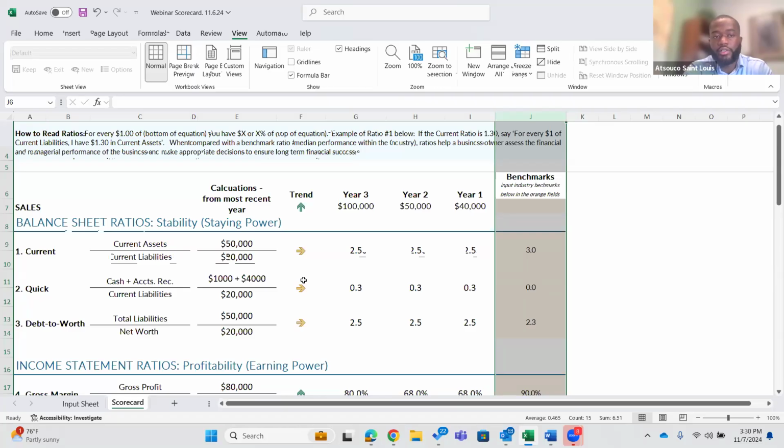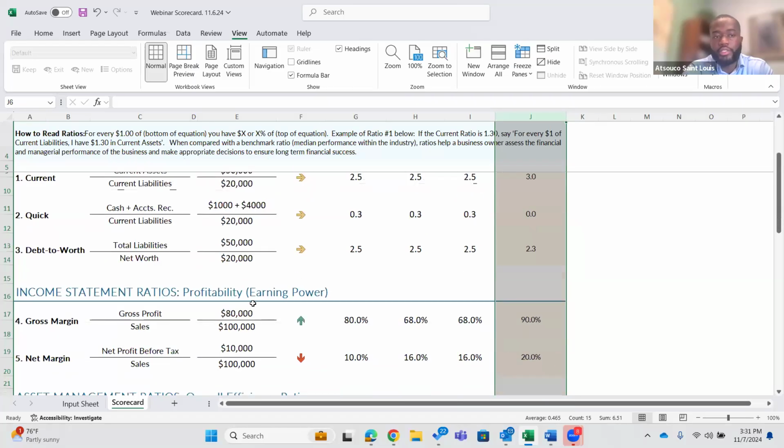So every dollar of debt that he has, how much money does he have to pay that? So the 3.0 that you're seeing here is basically saying $3 in cash, I should say, or in assets, $3 in assets can actually pay his liabilities.